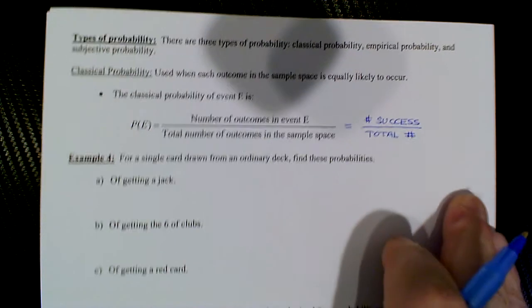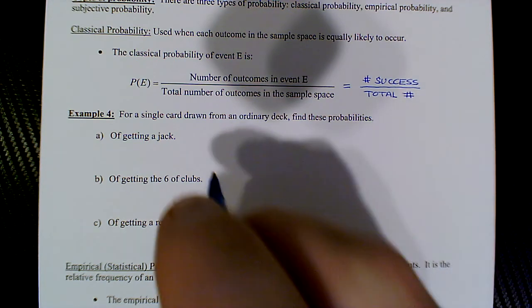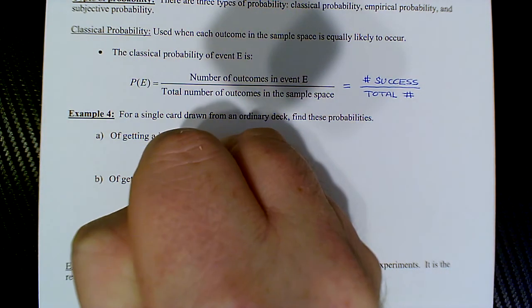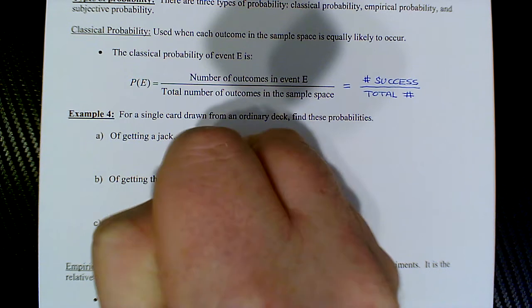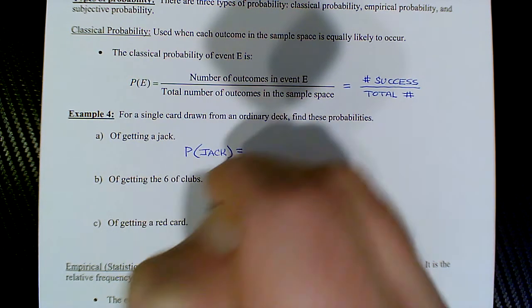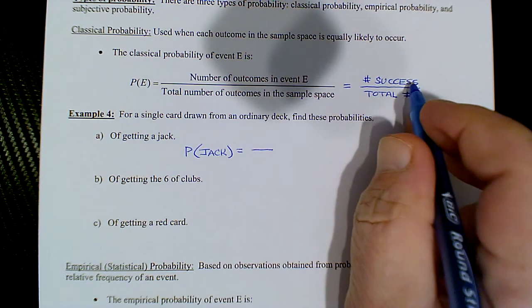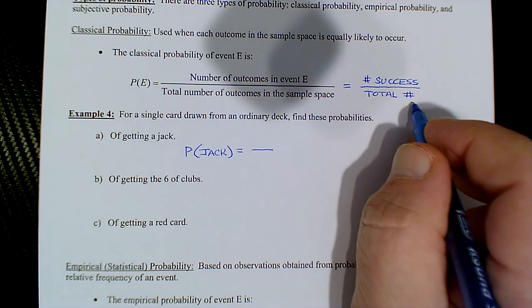And an example, if we draw a card from a deck, find the probability of getting a jack. So the probability of a jack, I could write it like this if I like. You don't need the notation if you don't want to. Okay, again, I'm going to think of it as success over total.